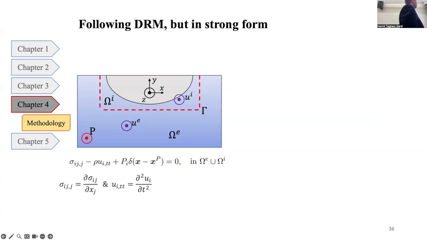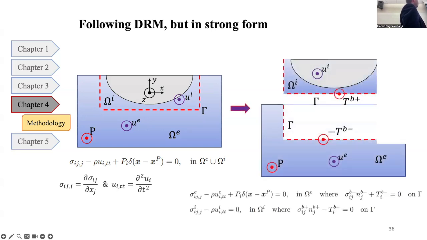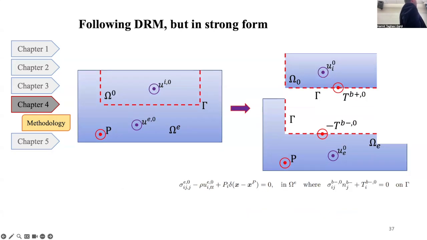we considered a problem where we have a localized feature and a source of excitation. We decomposed this problem into two regions, and we wrote the partial differential equation for the interior part and the exterior part. And again, similar to the DRM, we considered a free field problem, an auxiliary problem where all the responses are based on free field responses.